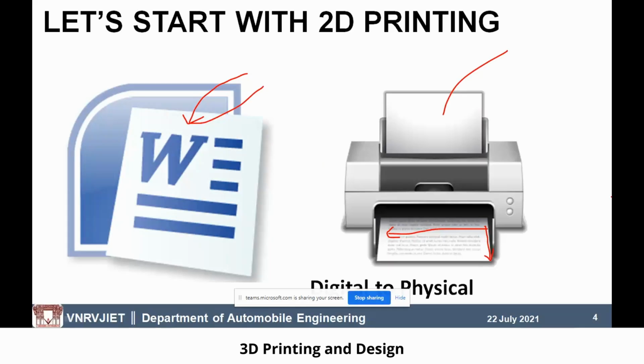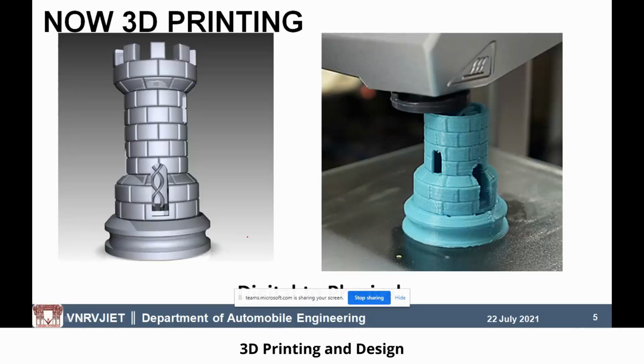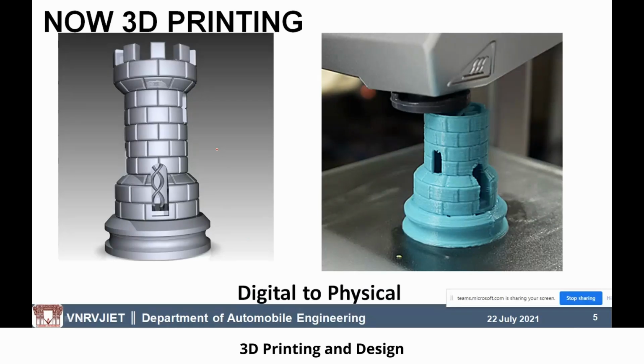But now we have shifted, and we require 3D printed components, where we can visualize three-dimensional components. If you want 3D printing, we require a 3D printer, and if you want a 3D printer, we require 3D modeling. You can see here, the left side is a 3D model.